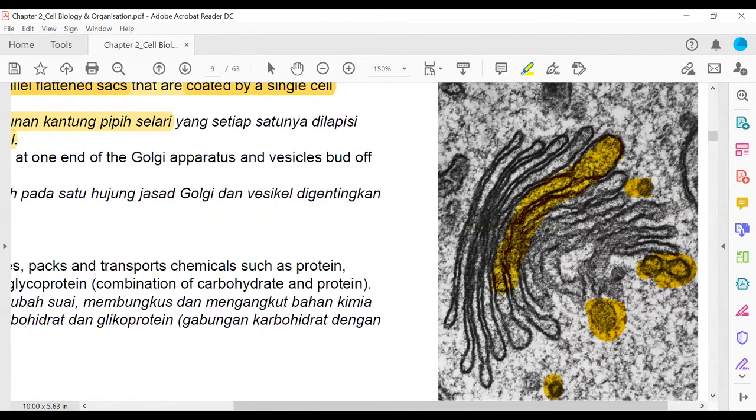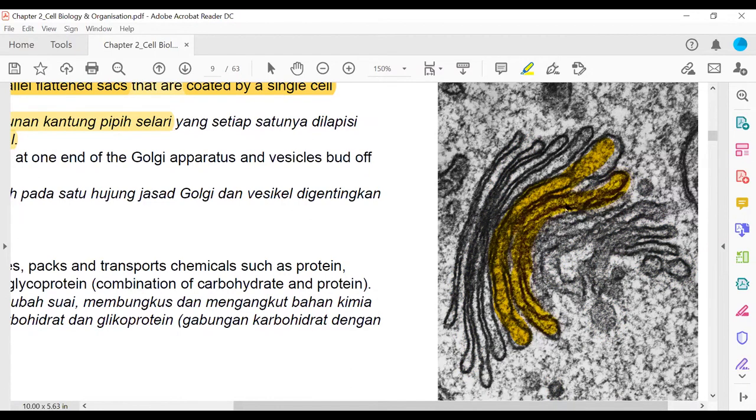Ini ialah satu kantung dia. Ini satu lagi kantung pipih dia. Nampak tak? This is another flattened sac. You can see here, another flattened sac. Ini kita panggil flattened sac ataupun kantung pipih.